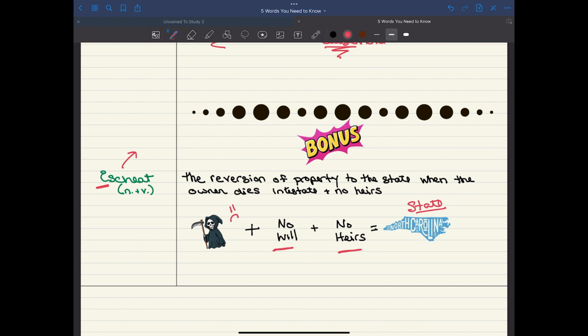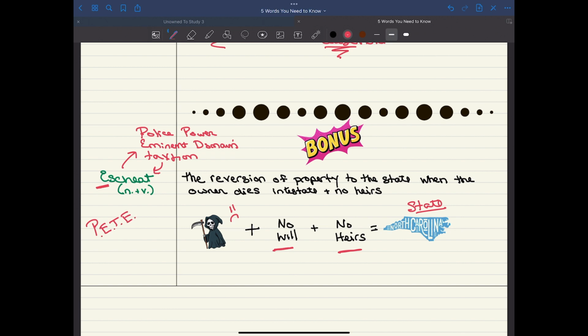Our 4 powers of government are police power, eminent domain, taxation, and of course, escheat, otherwise known as PETE.